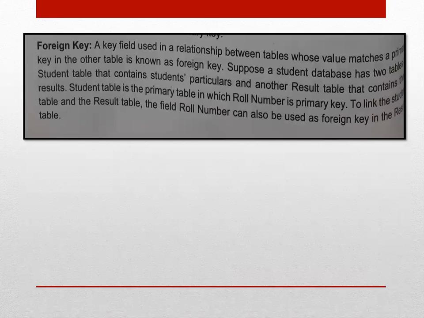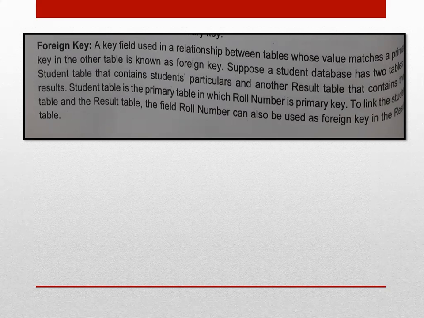The next is foreign key. A key field used in a relationship between tables, whose value matches a primary key in another table, is known as a foreign key. Suppose a student database has two tables: a student table that contains students' particulars, and another result table that contains their results.